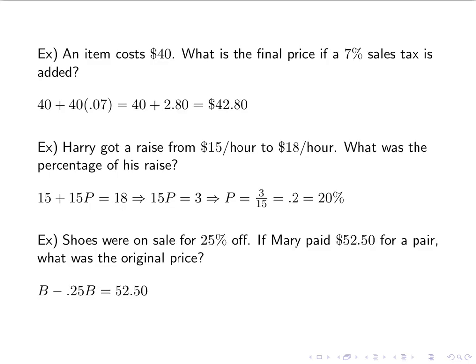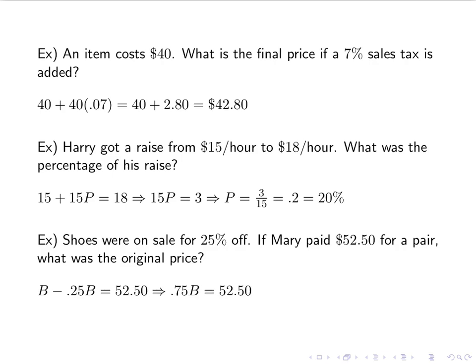And now some people will get a little confused here. b minus 0.25b. Remember, b is just 1b. So I can take out the b and it's just 1 minus 0.25. So that's 0.75. We could also think of it as if it's 25% off, we need to pay the other 75%.